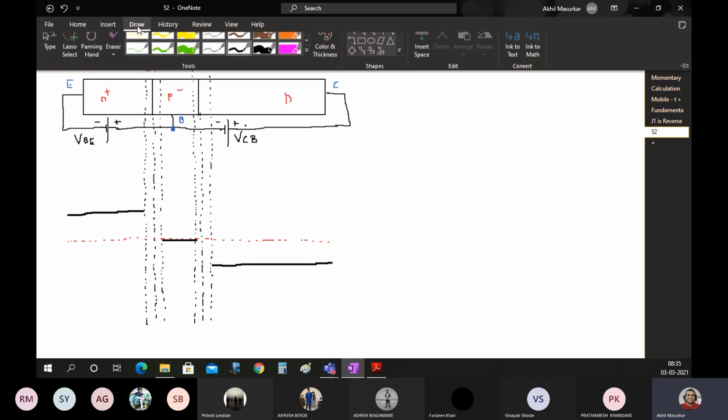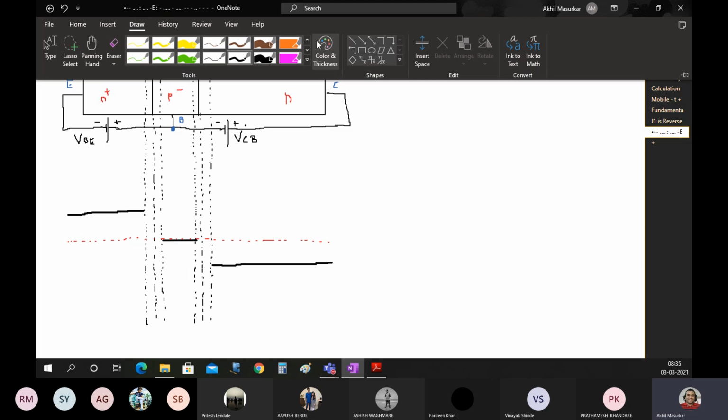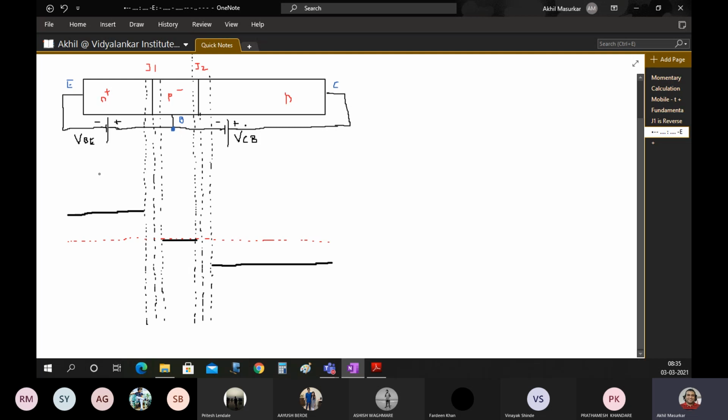Now what is the next step? We have to maintain the integrity of P and N regions. So here this is N. So conduction band will be close to the Fermi level and valence band will be away from the Fermi level, and here valence band would be close and conduction band would be away.